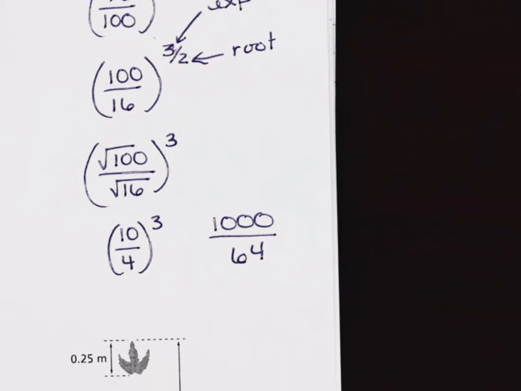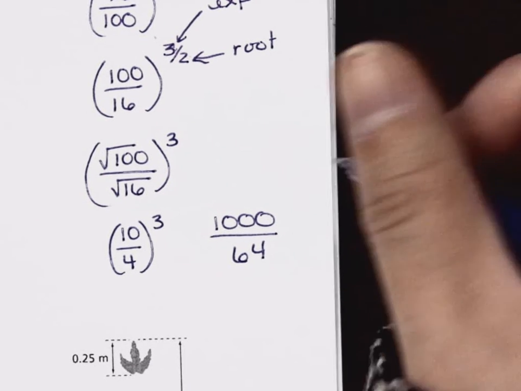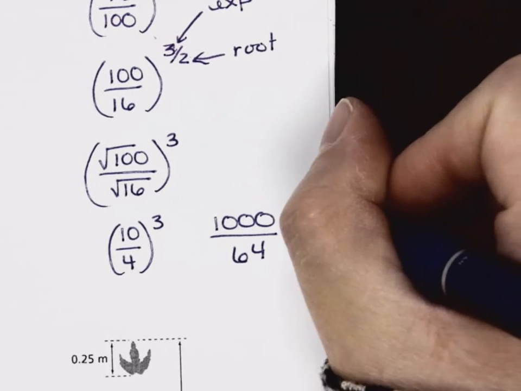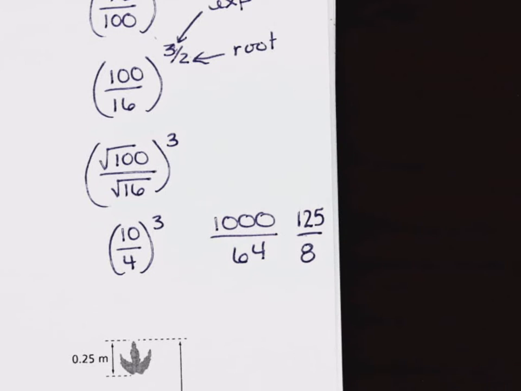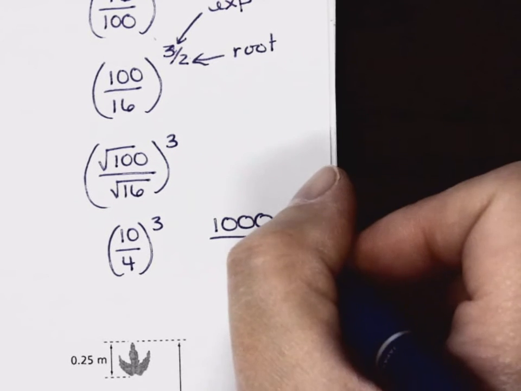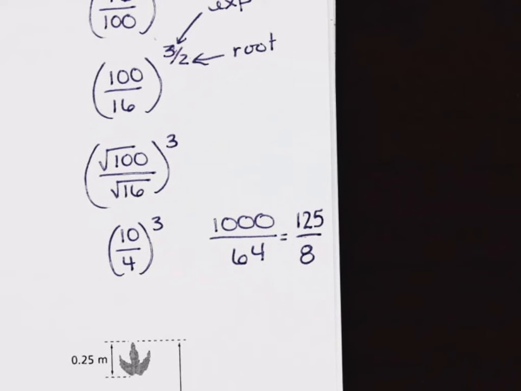125 over 8? Are you sure? I feel like you're wrong. Is it correct, Miss Galligan? No. Yes, you can do it. 125. Well, I just divided 1,000 by 8.